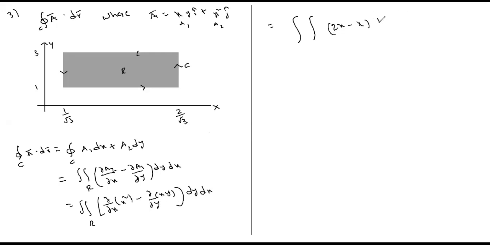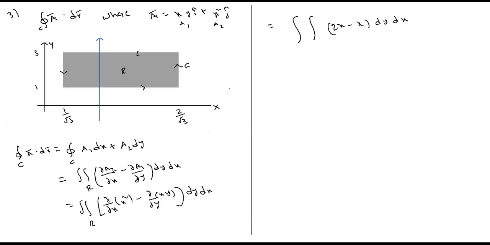So if I write dy dx, I have to write the y limits of integration. What are the y limits of integration? Y varies from 1 to 3, right? You have to draw a line parallel to the y axis for y limits.